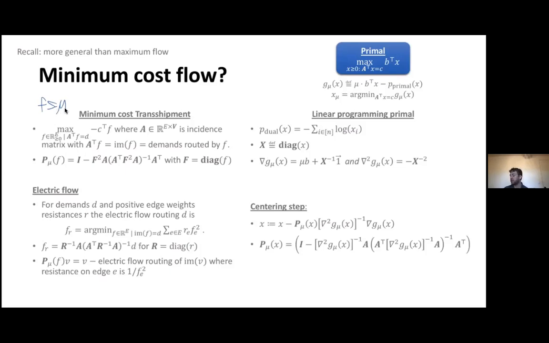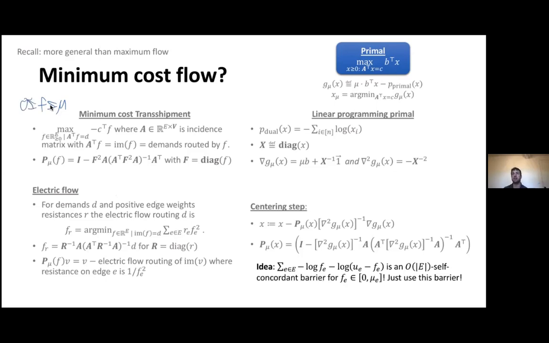At least if we're using the frameworks we've seen before, there's actually not too much you have to change. Whereas the log barrier, the sum of minus log of f_e, is a barrier on f being non-negative, if we also add the term log of (mu_e minus f_e), this becomes a barrier on this entire region.